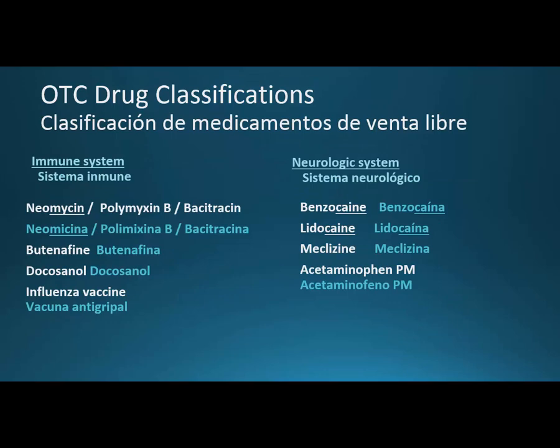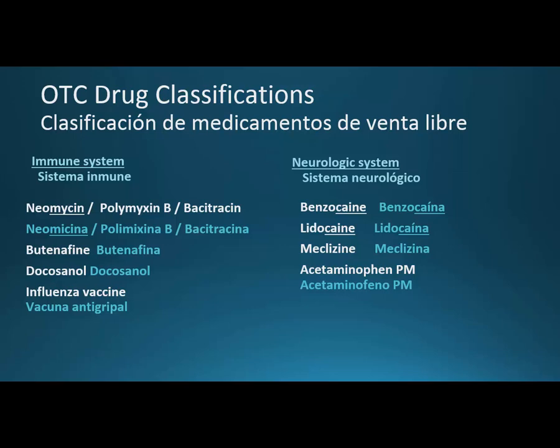OTC drug classifications, clasificaciones de medicamentos de venta libre, immune system, sistema immune. Okay. So neomycin with polymyxin B with bacitracin becomes neomycina con polymyxina B con bacitracina, and butenafine becomes butenafina.